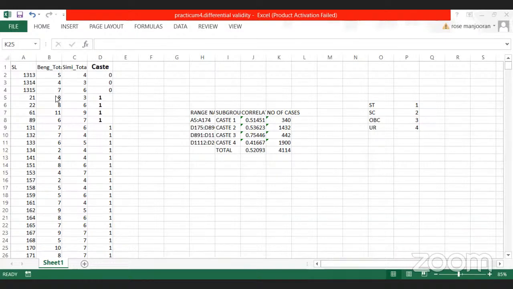You see the correlation coefficient is very low in the case of the Unreserved category, the UR category, because these UR categories are not getting any benefit from the government. But the SC, ST, OBC are getting the benefit.